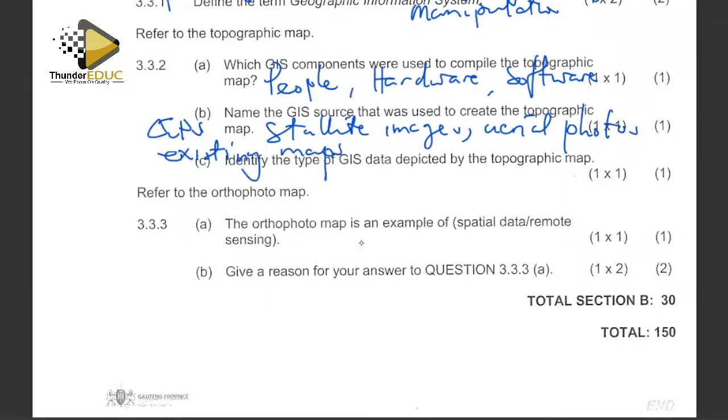We can use existing maps to add additional information on the changes on the geographical features and come out with the new map.